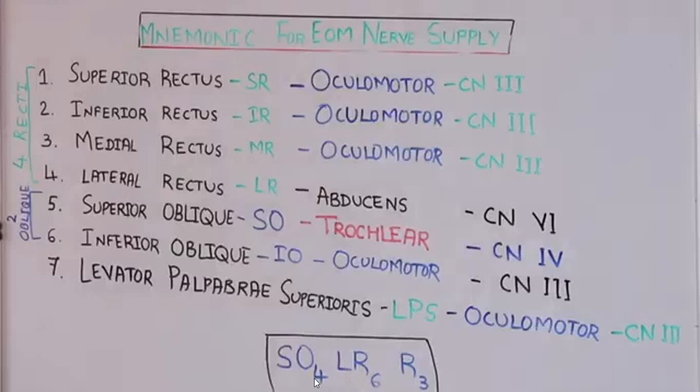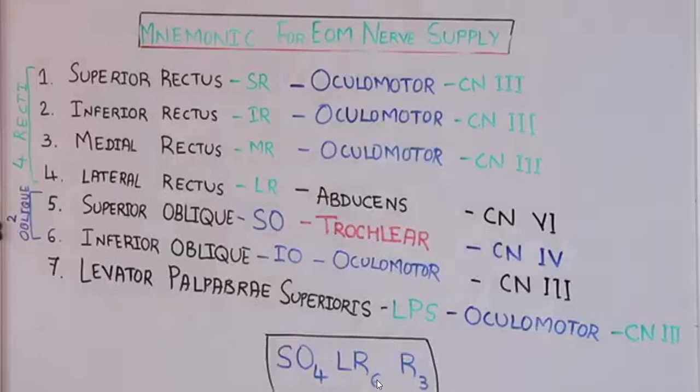First of all, SO4. SO means superior oblique. You can see that superior oblique is there, and the number shows the nerve supply: it is supplied by the 4th nerve, which is the trochlear nerve. Next one is LR6. LR means lateral rectus, shown there, and it is supplied by the abducent nerve, which is cranial nerve number 6.